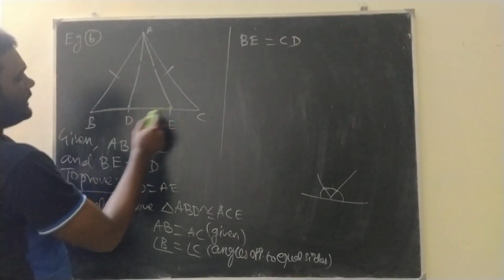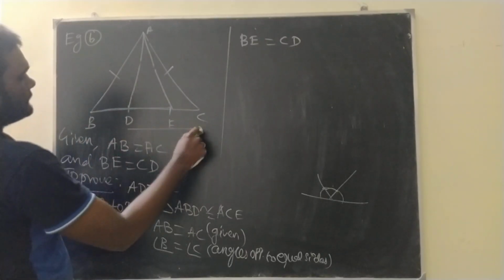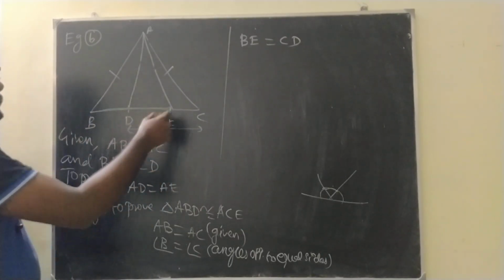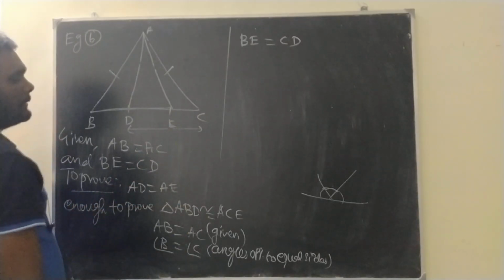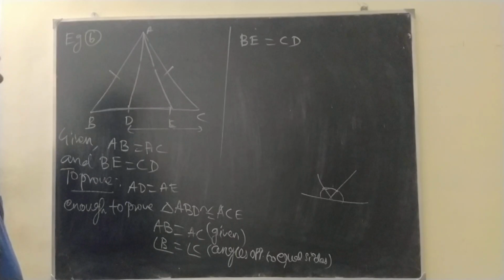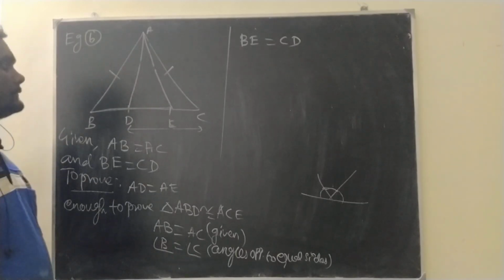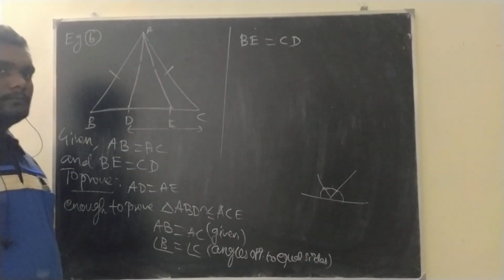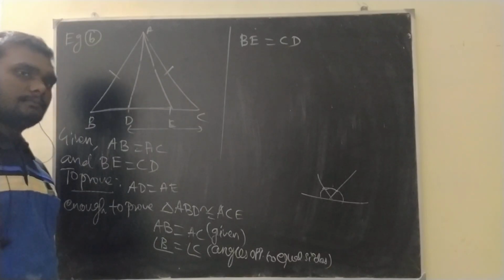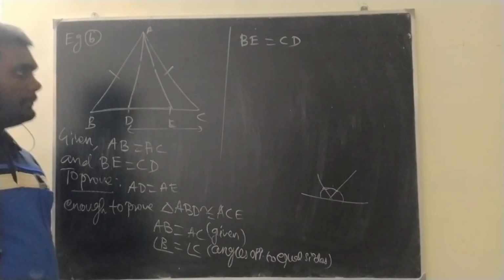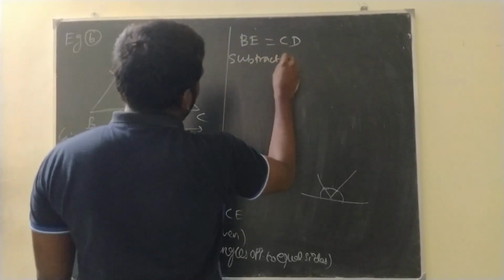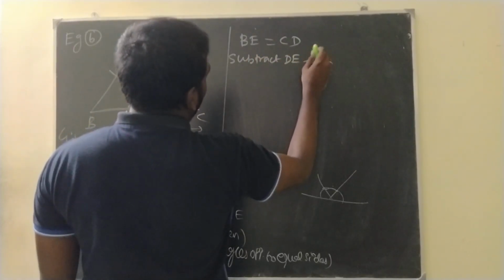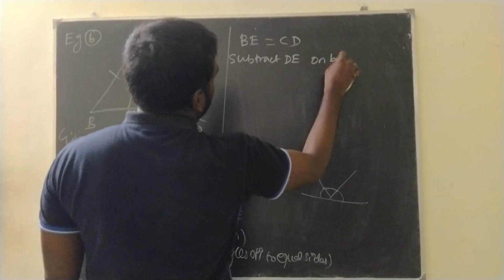We have this BE and the CD are equal, in which DE is common in both. Shall we add or subtract DE to get the things that we wanted? Add or subtract, I am asking. Subtract. So, subtract DE on both sides.